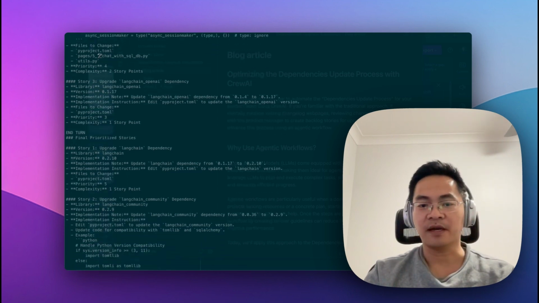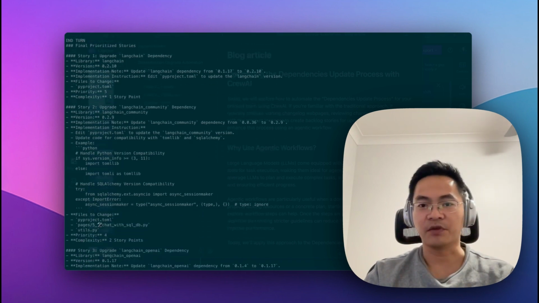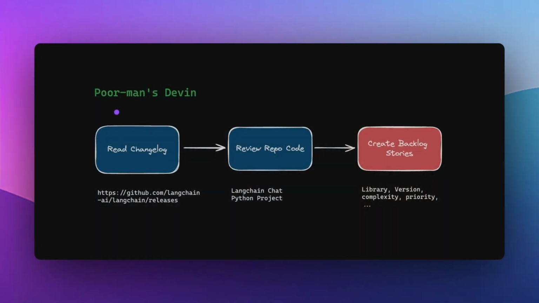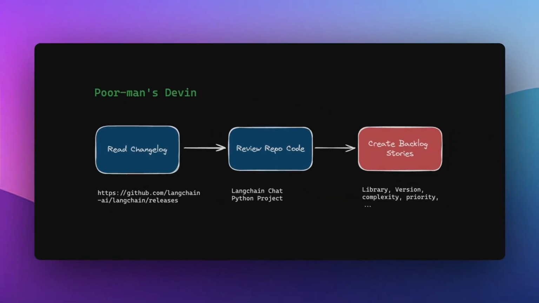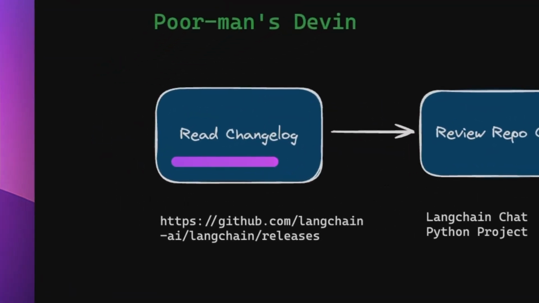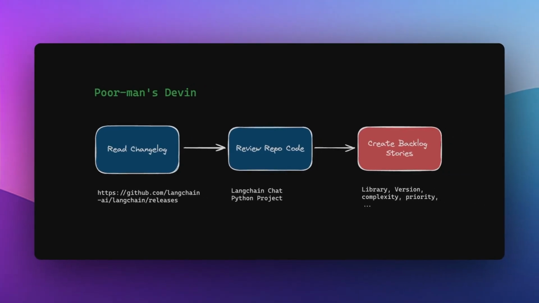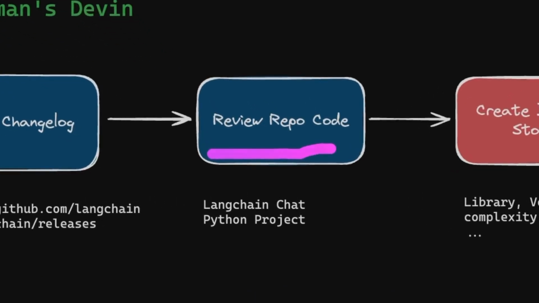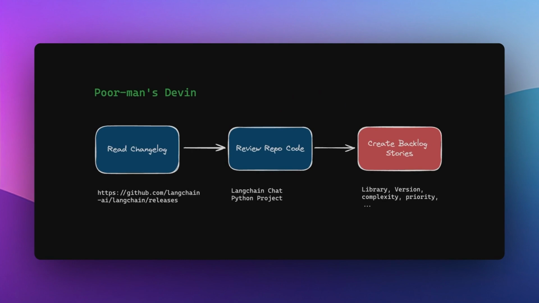If you ever wonder how to start with the Agentic Workflow, then this video is for you. We are going to build a Pull Requests Devin with a simple, straightforward job. We want to read the changelog from the release page, get the relevant information from the changelog and the PRs, then review the repository code to check if the dependency needs to be updated and any code change is necessary.